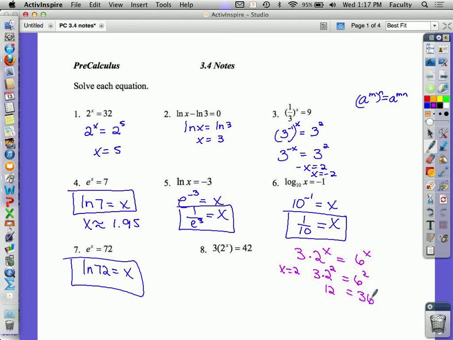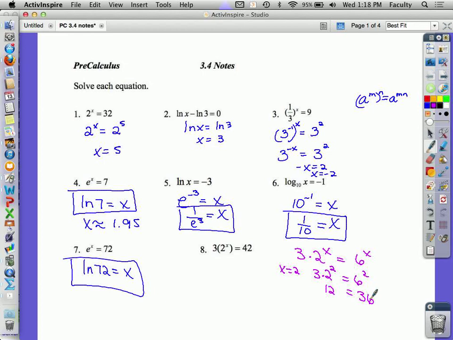Do you see that's not true? There is no such property, and we should know better from order of operations. 2 to the x power, you'd have to do the exponent before you could do any outer multiplication. So I don't know what x is, so I can't try to combine them that way.